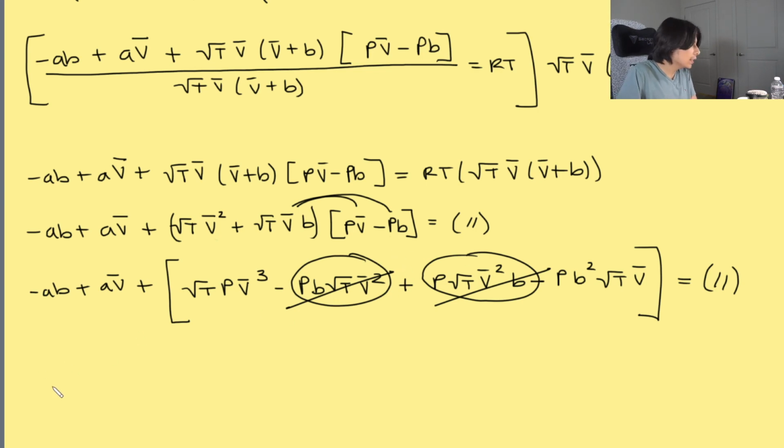And we're going to rewrite this. So negative AB plus AV bar plus the square root of T PV cubed minus PB squared square root of TV bar equals that, the right hand side of this equation.